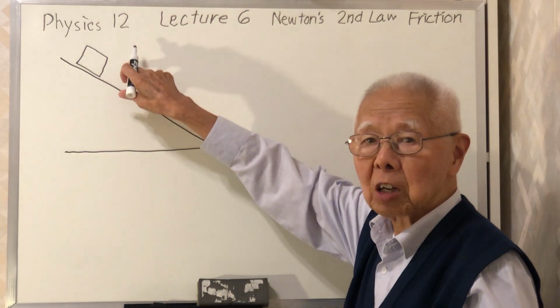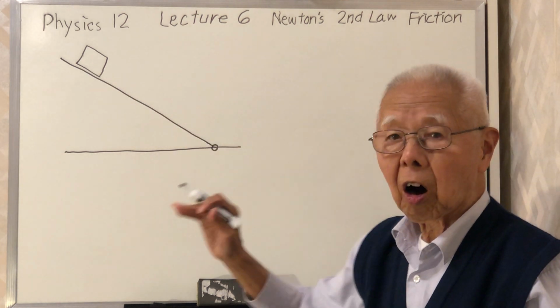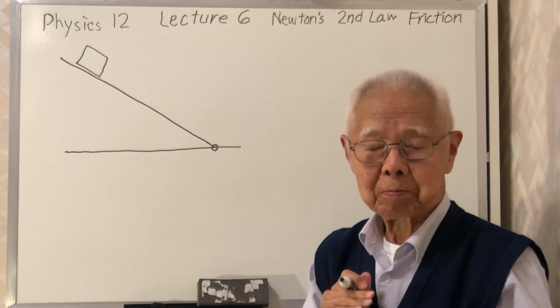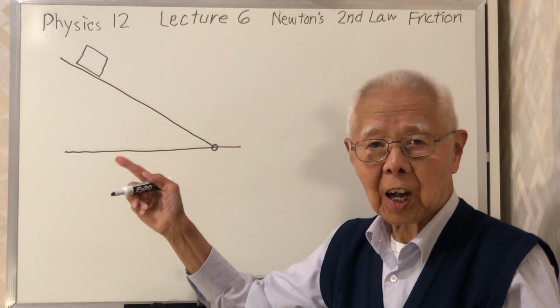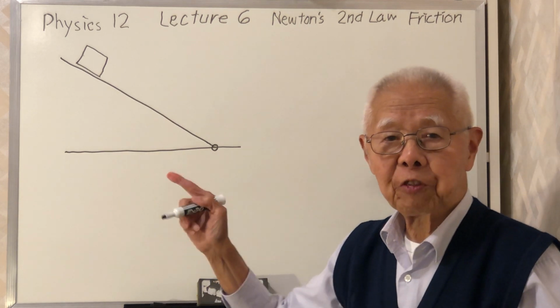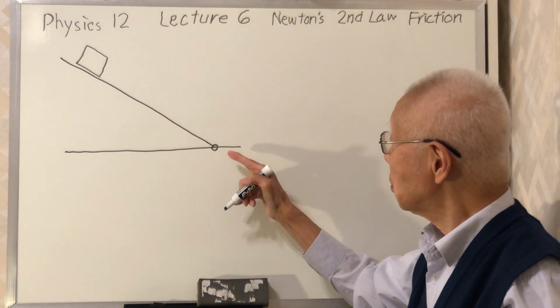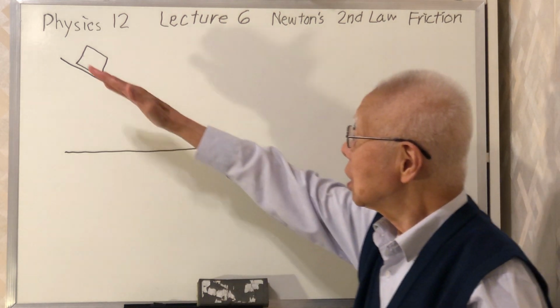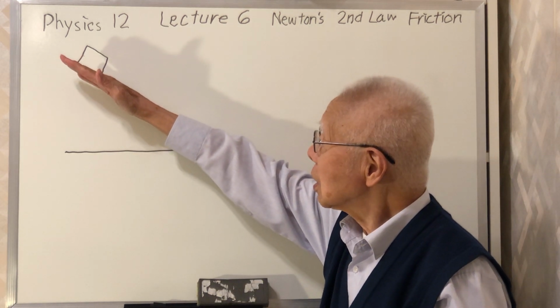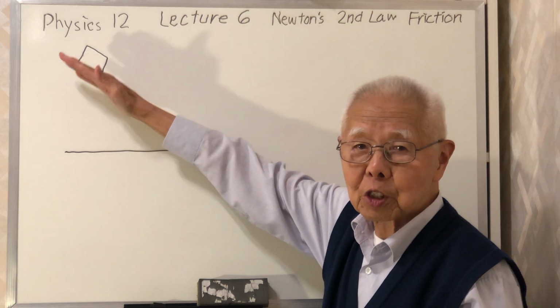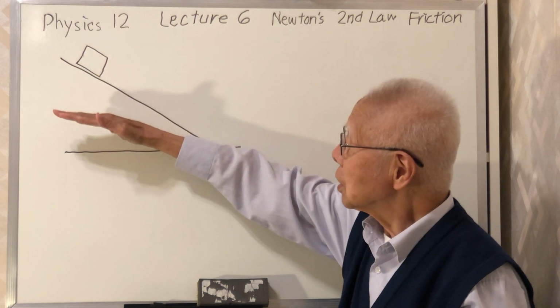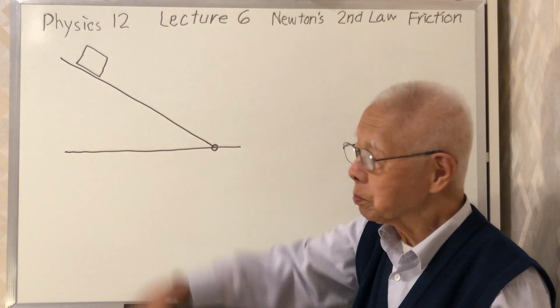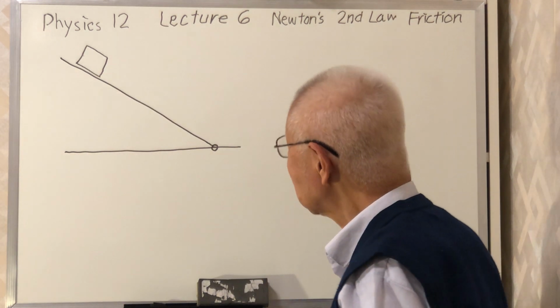I have a box on an inclined plane. This inclined plane has a hinge here. Therefore, the inclined plane can be tilted furthermore or less. It can be tilted this way. Okay.